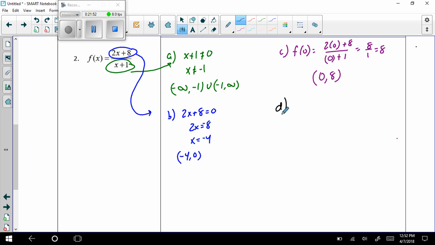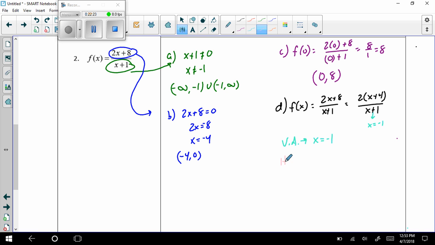And last but not least, we're talking about horizontal and vertical asymptotes. So we always look to factor first. Let's factor a little bit in the numerator. We can factor out a GCF. Doesn't help us a ton. Nothing ends up canceling, but that's still a good process to go through. So in this case, our VA means we set the bottom equal to 0, and so x equals negative 1 is my vertical asymptote.